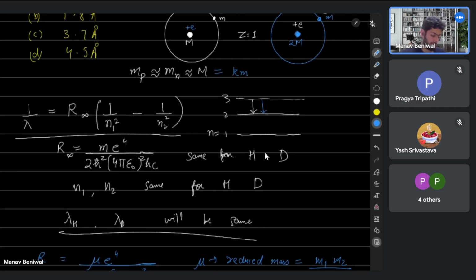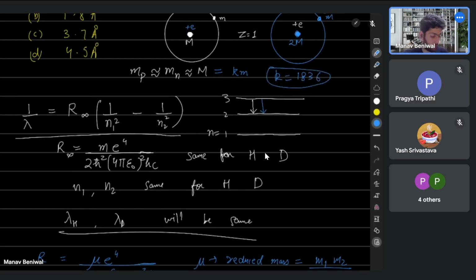Basically what we are saying is that the mass of our proton or neutron, in this case the mass of our nucleus, is k times m, and we know that the value of k is 1836, right? So our nucleus is 1836 times heavier than our electron, correct?